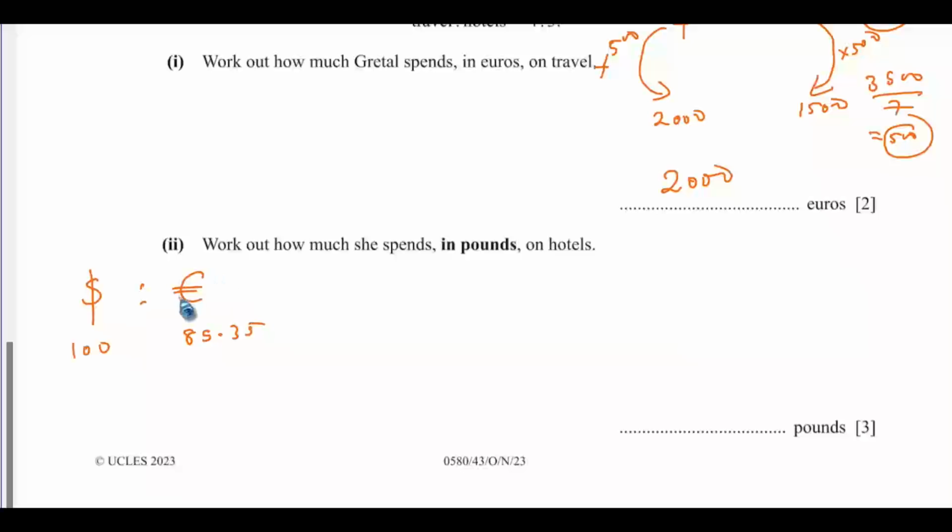So we convert the euros to dollars, then from dollars we can convert back to pounds.